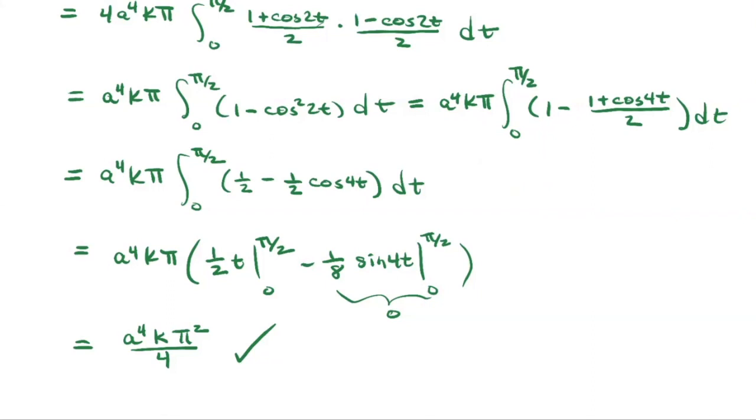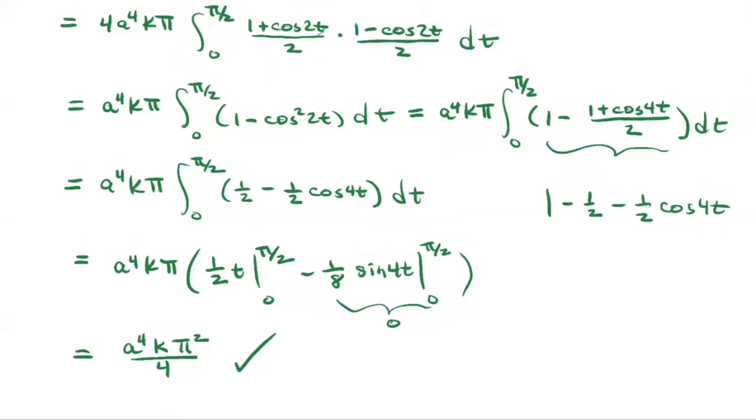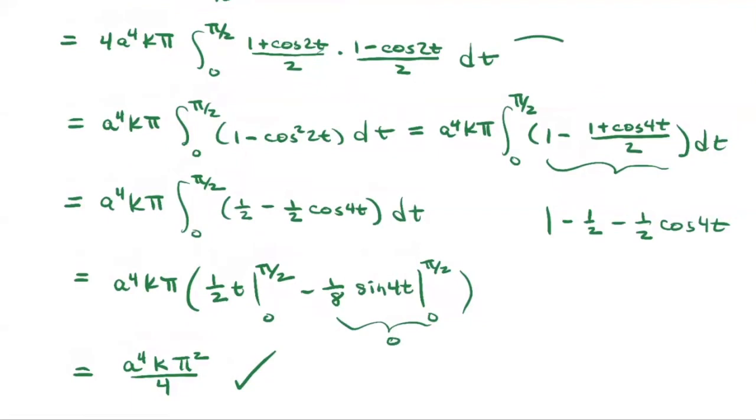So I think what you've got there is 1 minus a half minus a half cos 4t, yeah? Oh, the line before that? Oh no, is that what you mean? So I'm just referring to this part here. So you get a half minus. Never mind.